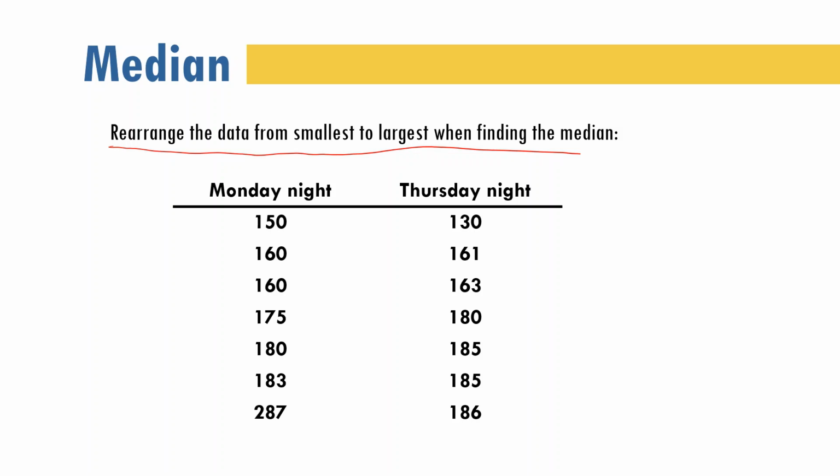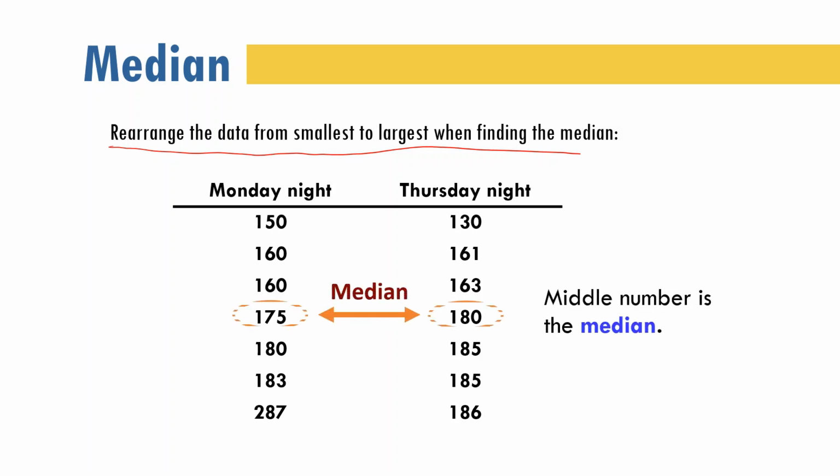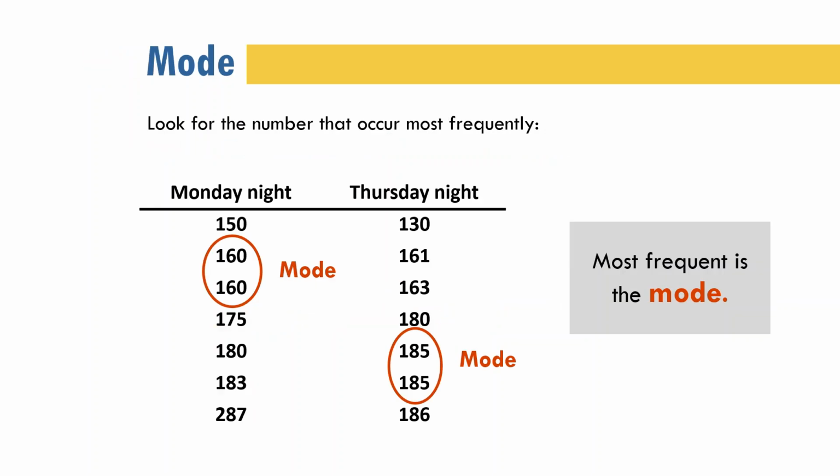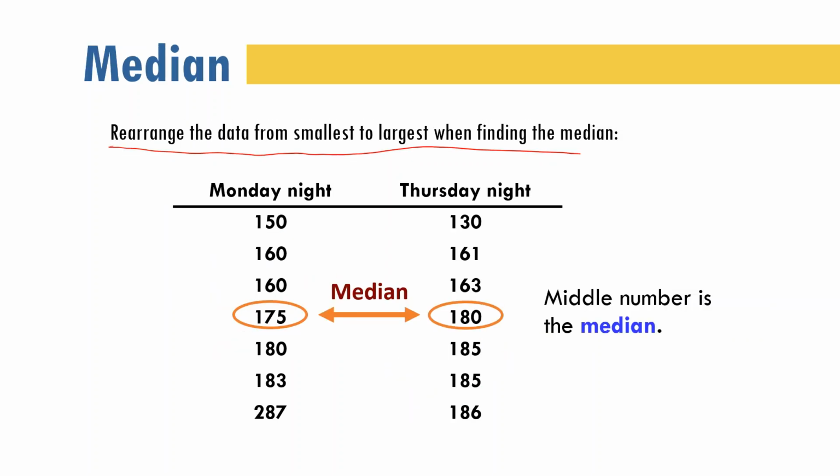Then we find the number in the middle, so we just cross out. The easy way is to cross out as a pair, and you have one number left.